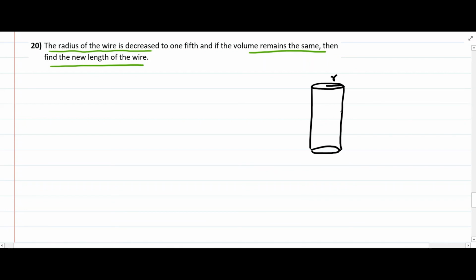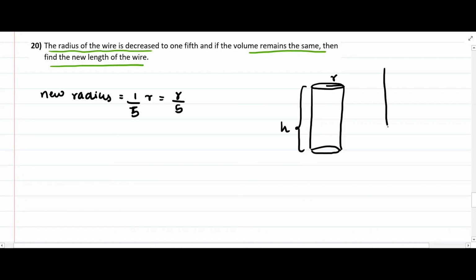Okay, we name this as r and the height as h. Both are small letters. So now they have told the radius is decreased to 1/5. So which means the new radius will be equal to r by 5. That is 1 by 5 into r, which is r by 5.